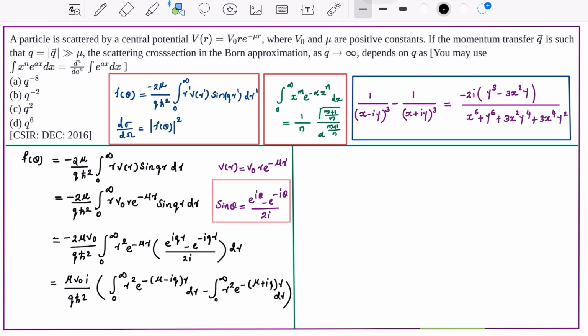Now these two integrals are in the standard form, integral 0 to infinity x raised to m e raised to minus alpha x raised to n. So let us use that formula to evaluate the integral.